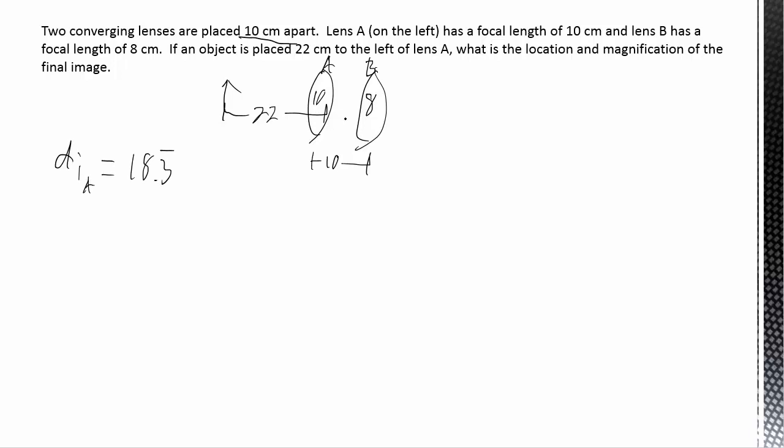Now, this is only 10 centimeters, so that puts it over here somewhere, is going to be the image from our lens A. So this is DIA/DOB.